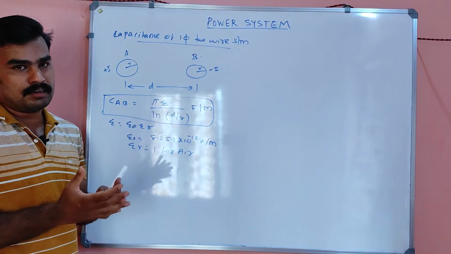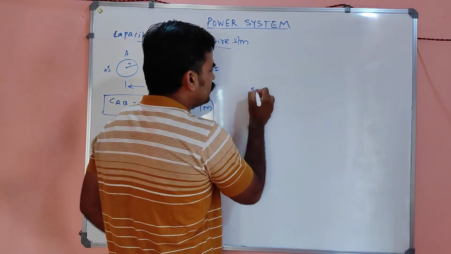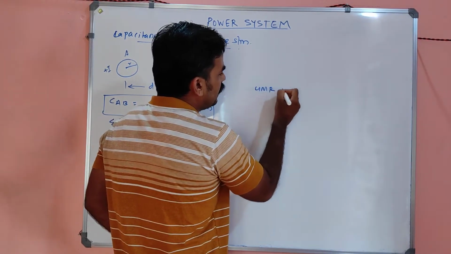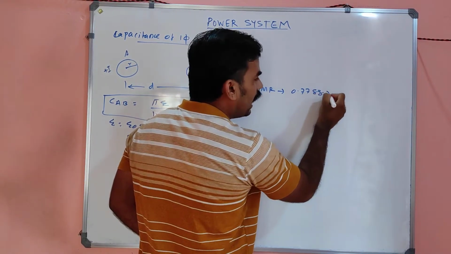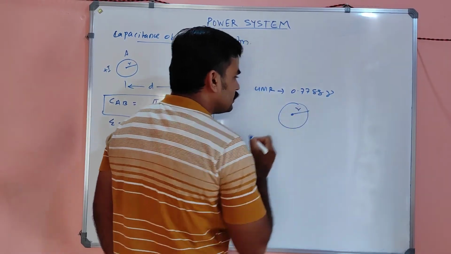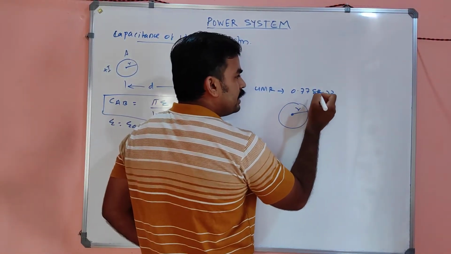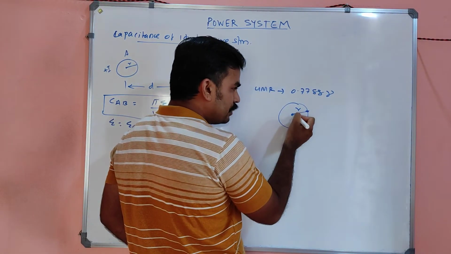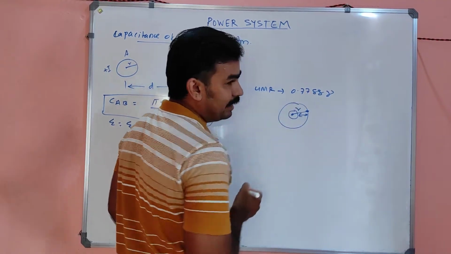0.7788 R at which the magnetism will exist. What is the physical meaning of this GMR, my dear? It is 0.7788 R, meaning suppose this is the conductor having radius R, but up to 0.7788 R from the surface there will be the magnetic field.